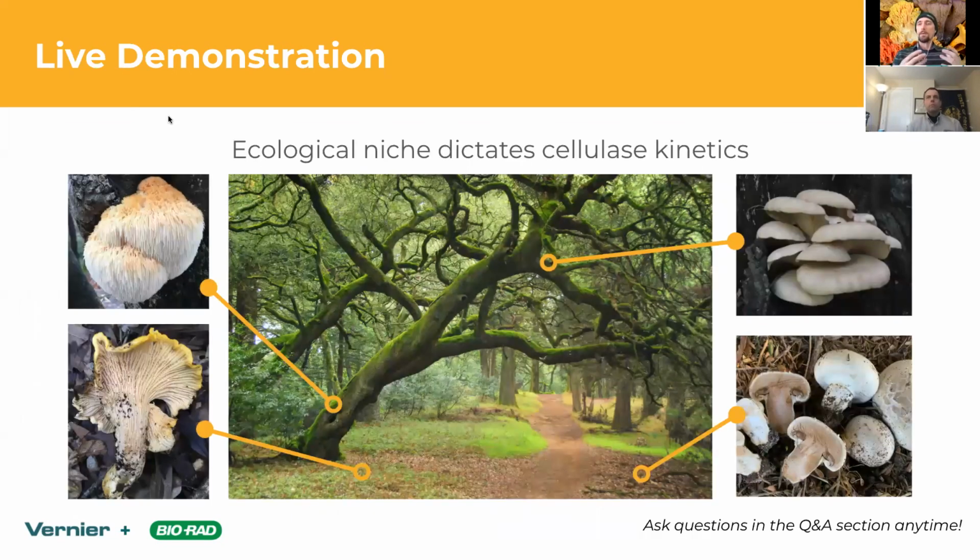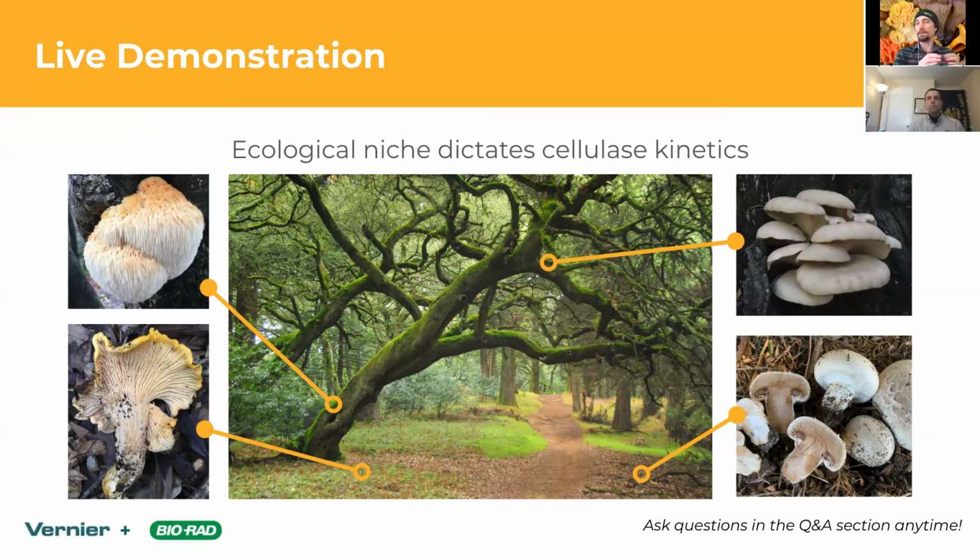So what I like about this is that it helps students think not only about this kingdom, but about this kingdom within an ecological context and an evolutionary history context. If I were to walk out into a forest near me, this is a picture actually from the hills near where I live in Oakland, California, I can find fungi, these large mushroom-producing ones, in different little niches in the habitat.